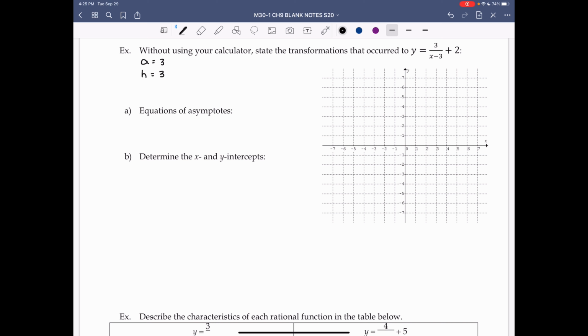So that results in a vertical stretch factor of 3 about the x-axis. We have a horizontal translation or a shift of 3 units right. And we have a vertical translation or shift 2 units up.